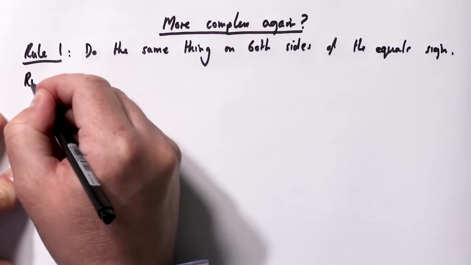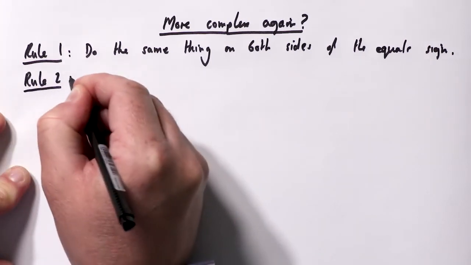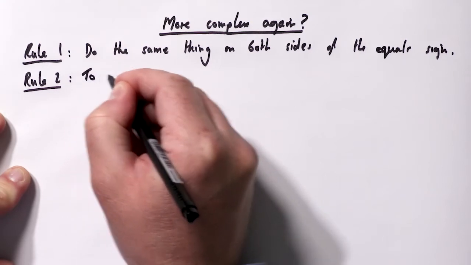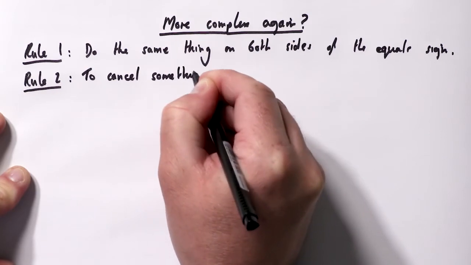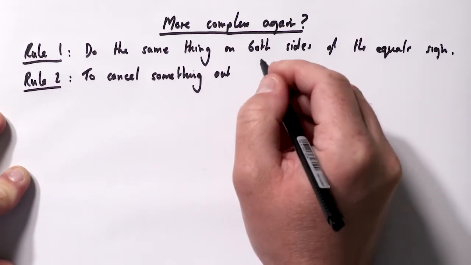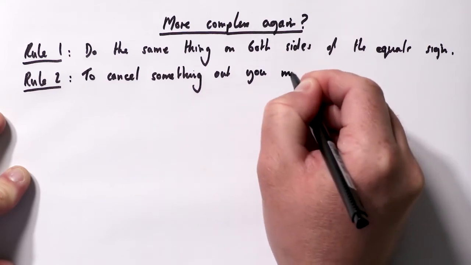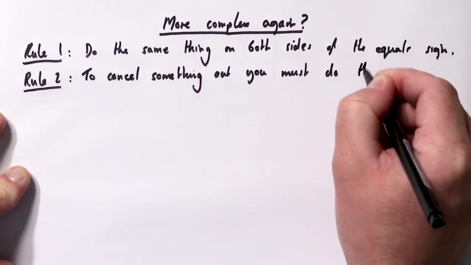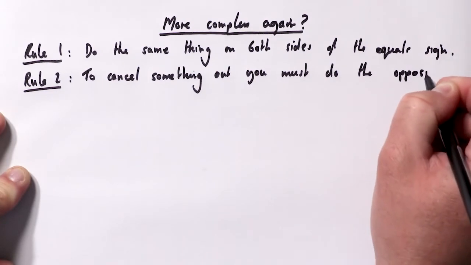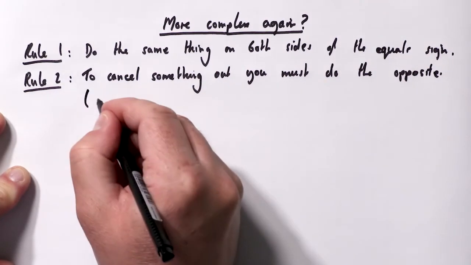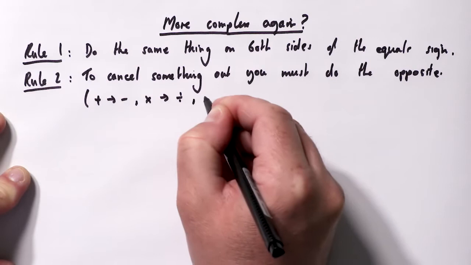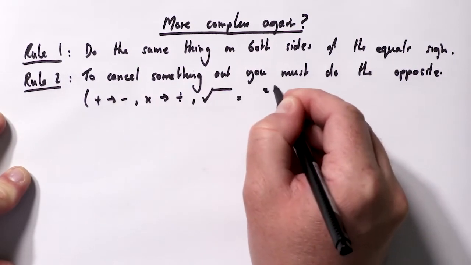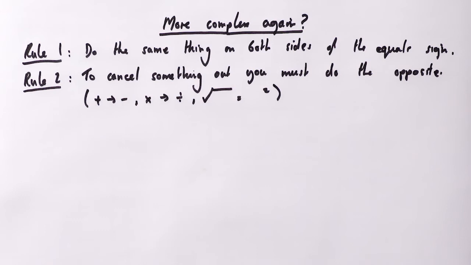And rule number 2 is to cancel something you must do the opposite. So once again, plus becomes minus, times becomes divide, and square root becomes squared. If you keep those two rules in your head, you should be able to do more and more complicated equations.